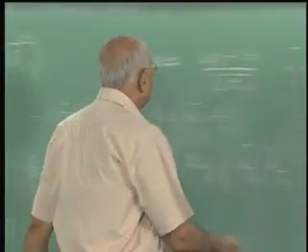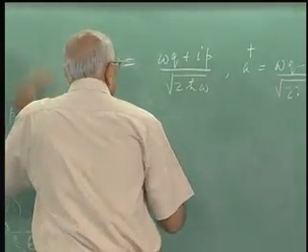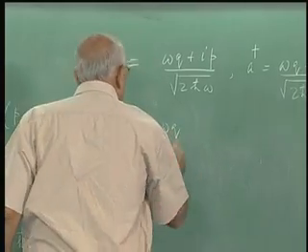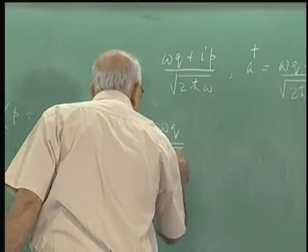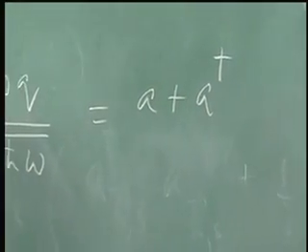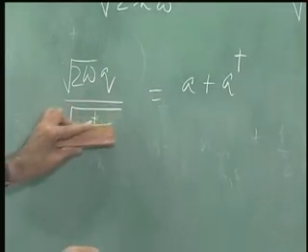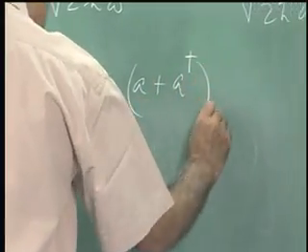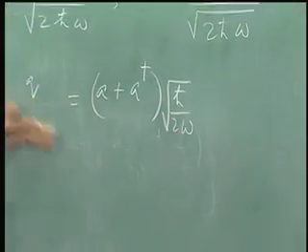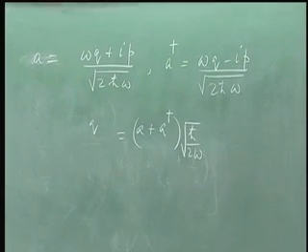We already have these equations, so this says 2 omega q over square root of 2 h cross omega equals a plus a dagger. So q of t is a plus a dagger times root h cross over 2 omega, so let us put that in.